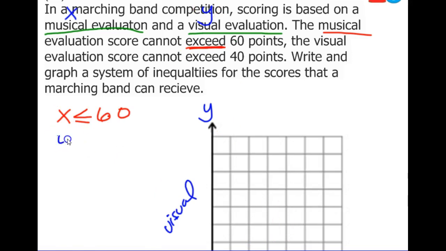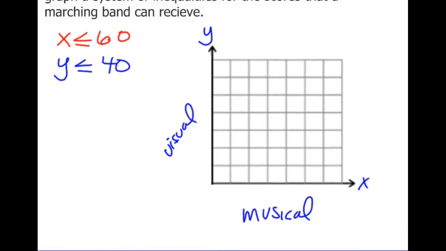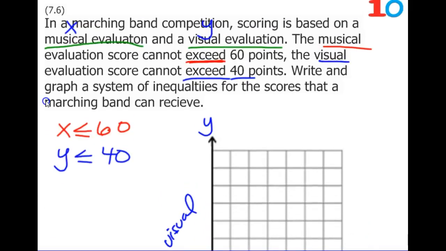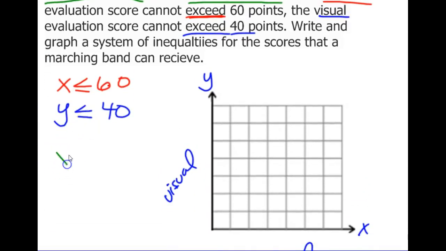And then the visual evaluation score cannot exceed 40 points. So again, y has to be less than or equal to 40. We can assume that we can't score negative points. If you did not want to assume that, you would say x would also have to be greater than or equal to 0, and y would have to be greater than or equal to 0 to show that you can't have negative numbers.